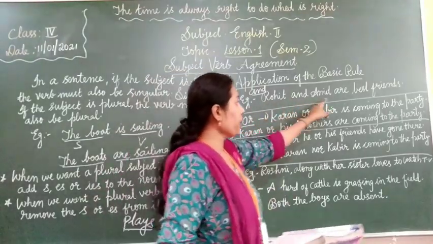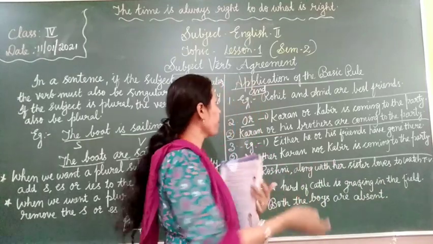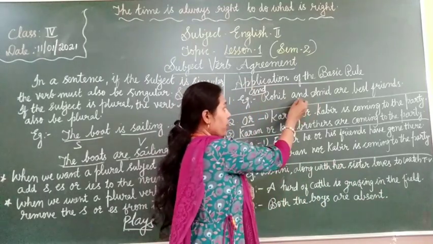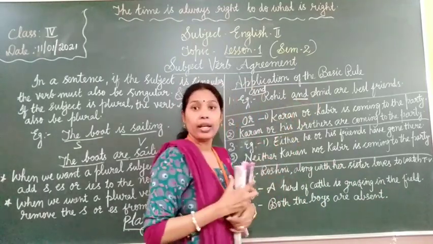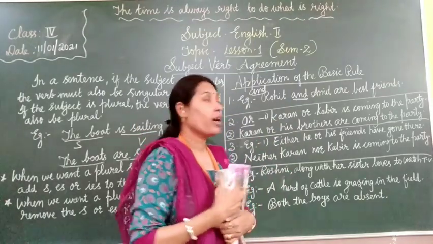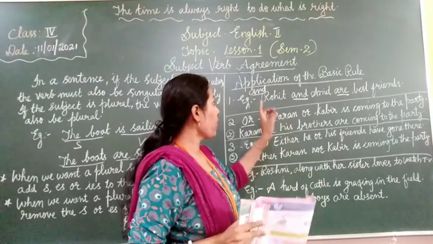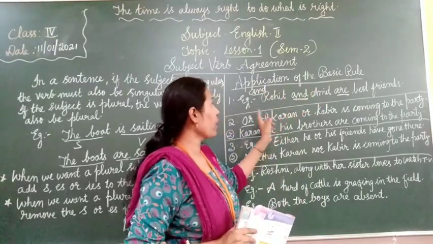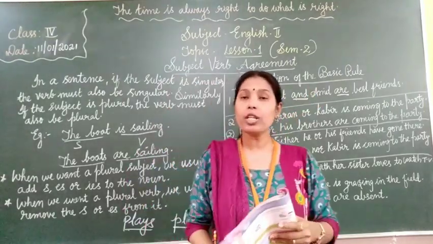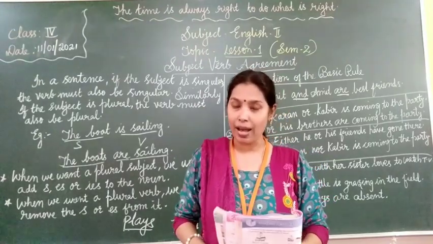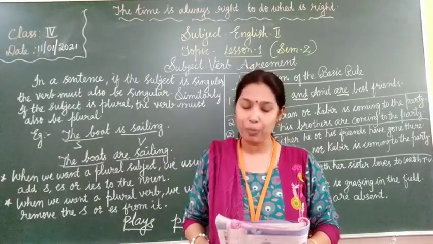Rohit and Amit are best friends. Two singular persons joined with the word and, right? Then the verb should be in plural. So this is one application of the basic rule.